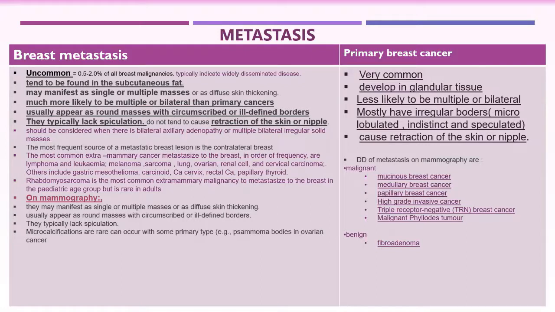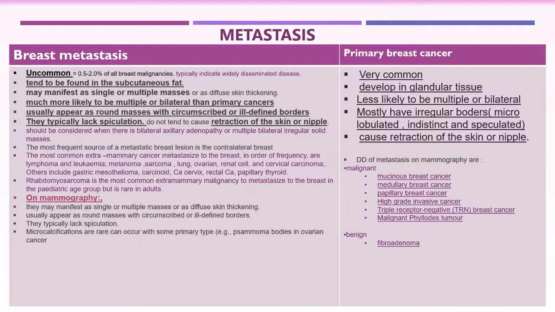Metastases tend to be found in the subcutaneous tissue, while the primary is usually seen within the gland. Metastasis usually manifests as multiple lesions but can be solitary, while the primary is usually solitary but can be multiple. Metastasis is much more likely to be multiple and bilateral than the primary.